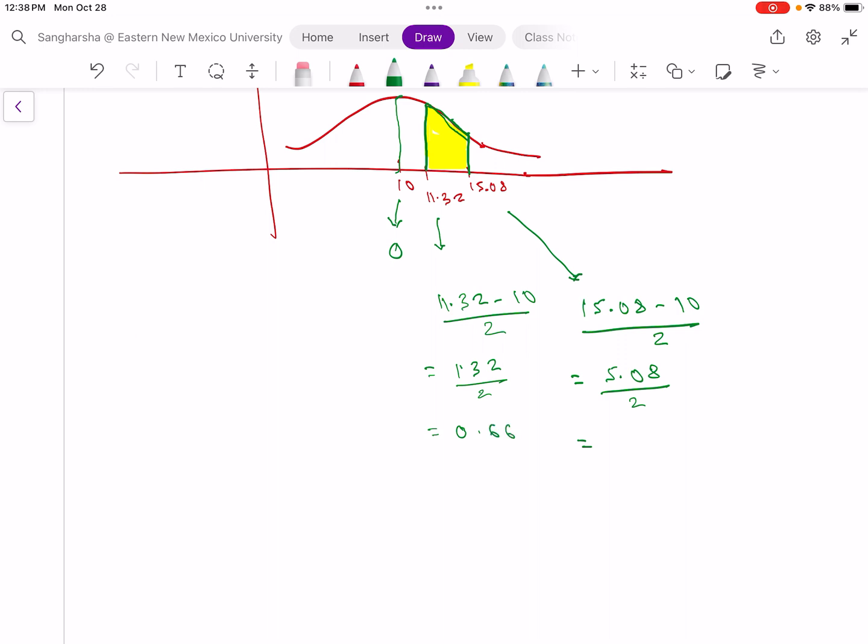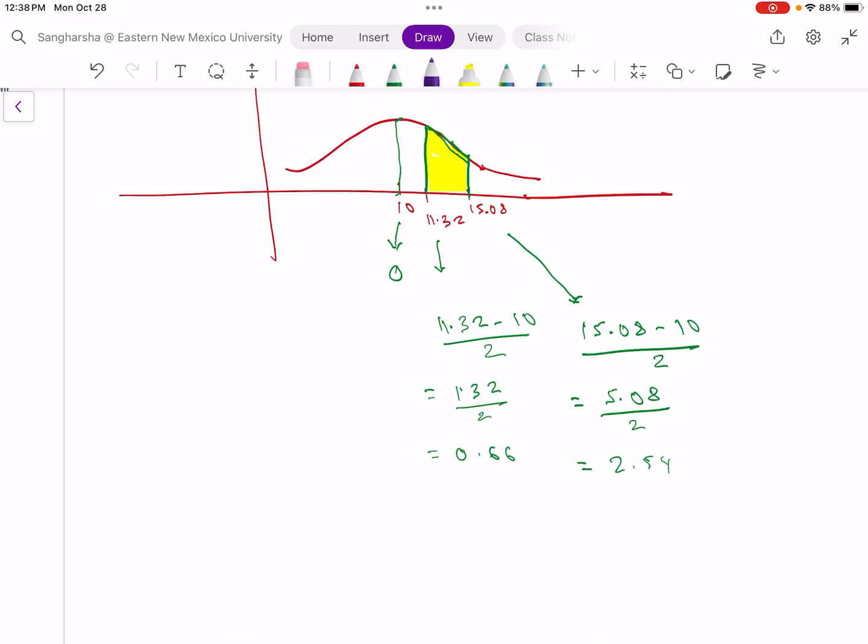And what about 5.08 divided by 2? 2.54. Okay, this is 0.66 and this is 2.54.